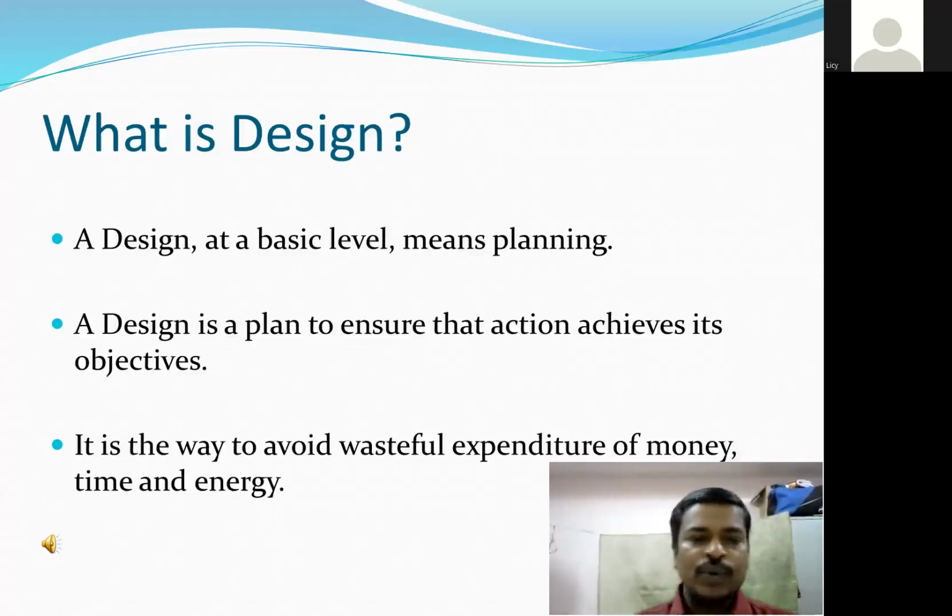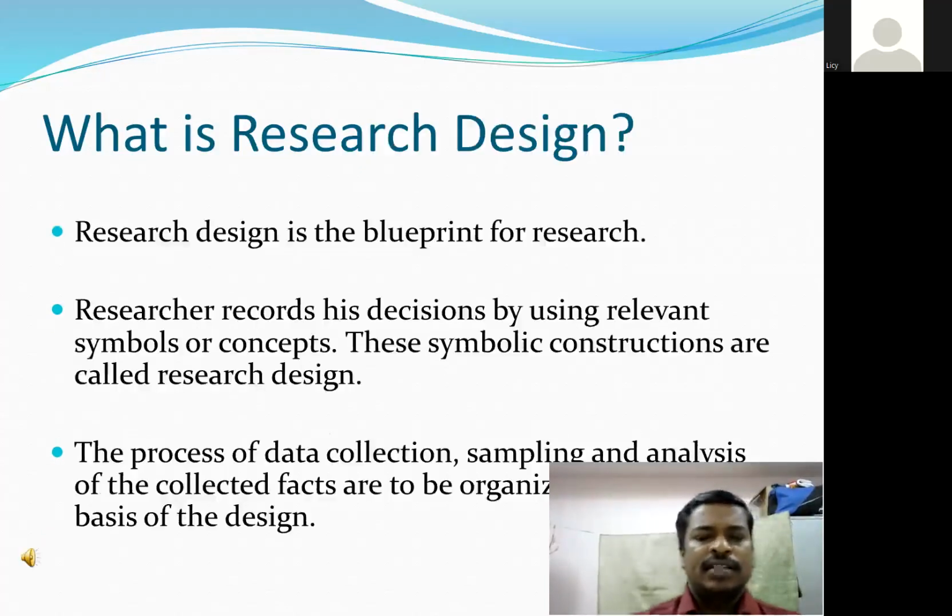The next point: a design is a plan to ensure that action achieves its objectives. What are the actions to be achieved, and what are its objectives? Next we discuss what research design is.